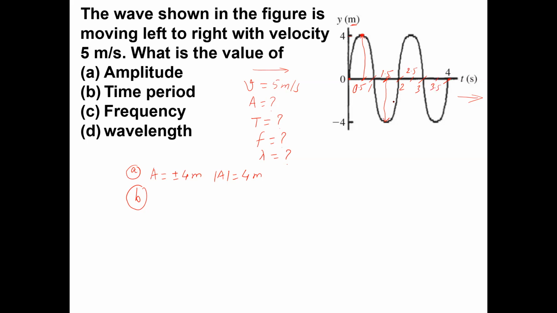Time period is the time it takes to complete one revolution, one rotation, one oscillation. I just want to give you one example of this, a simple pendulum. If you have a pendulum hanging stationary, that is its mean position.